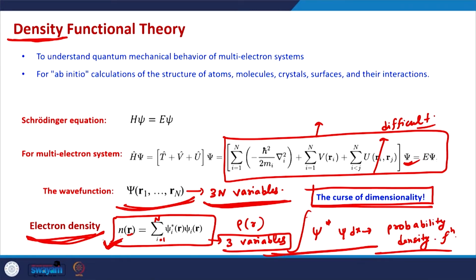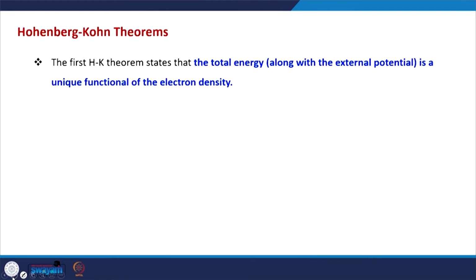But how do we deal with this electron density function? How do we solve, or in a way solve, this Schrodinger equation using the electron density? I would say the credit goes to the 2 theorems given by Hohenberg and Kohn in the early 1960s.